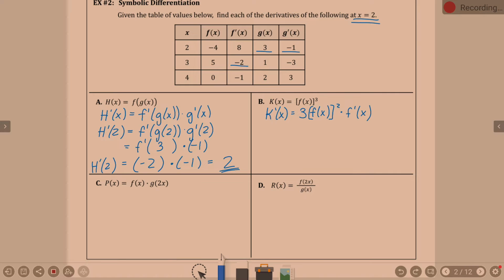I feel like that might be a little bit newer, but it's the same idea, isn't it? So derivative of something raised to the third is 3 times that something raised to the second times the derivative of something, so times f prime of x.